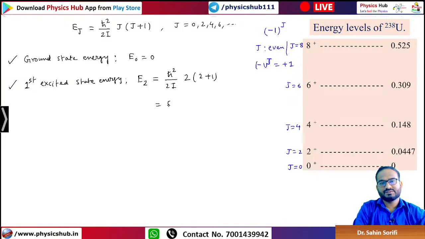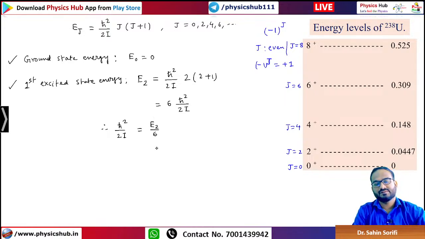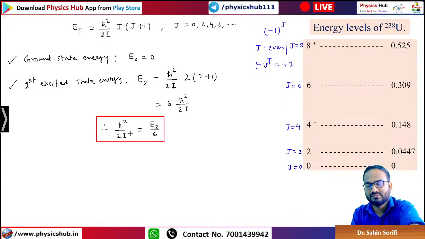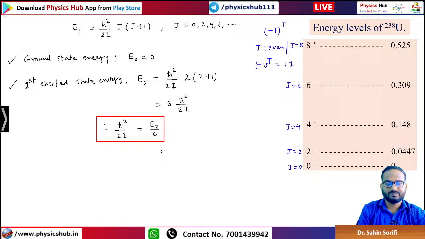So this is 6 times h cut square by 2I. From this we can get the value of h cut square by 2I. This is equal to E2 by 6. So this value of h cut square by 2I will be used many times. That is why we have calculated the value of h cut square by 2I separately.